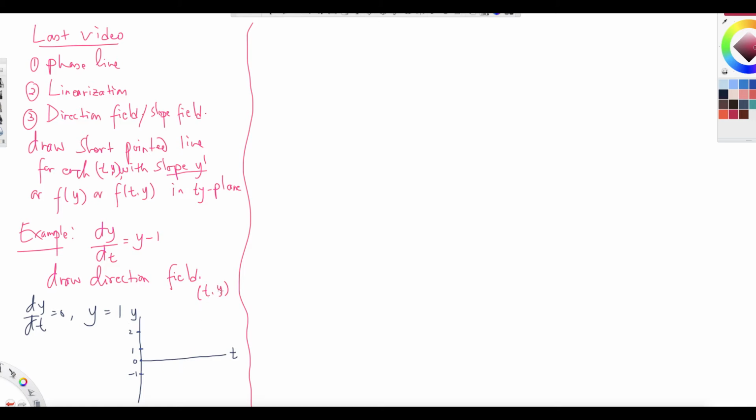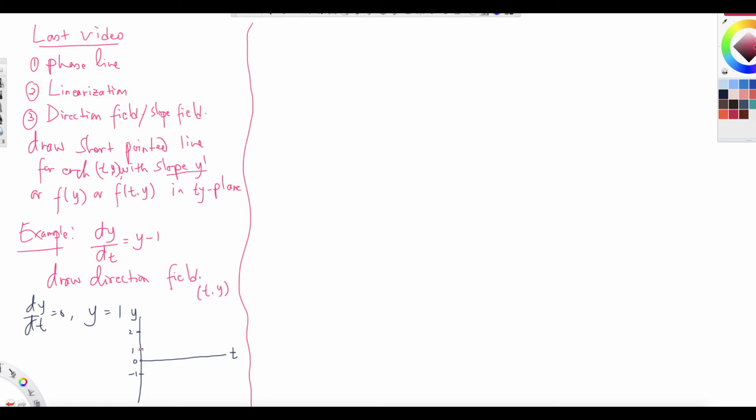If you take t equals 0 and y equals 1, what do you get for dy over dt, that is the slope? You get 1 minus 1, that is 0, right? So the slope is 0 at (0, 1).